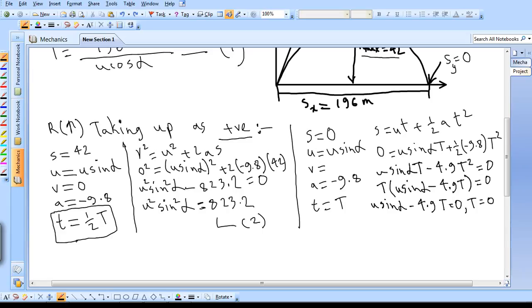So let us now make t the subject, and we will get u sine alpha divided by 4.9. Let us mark this as equation number 3.